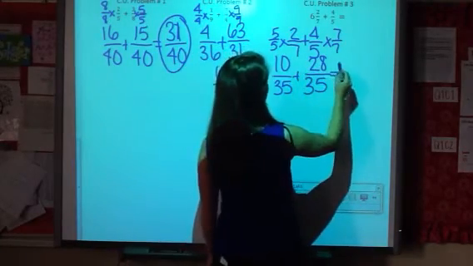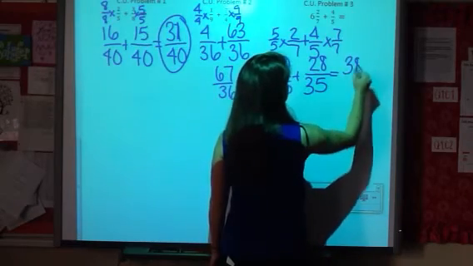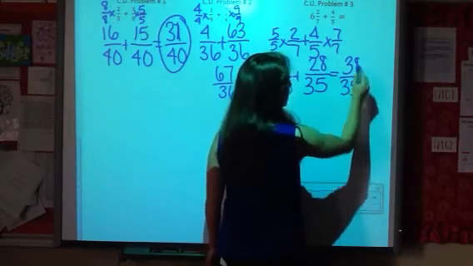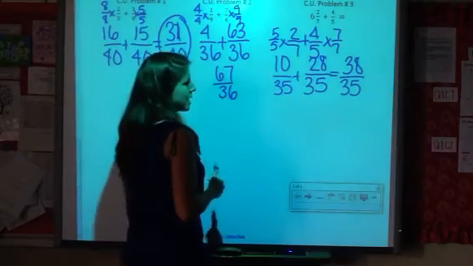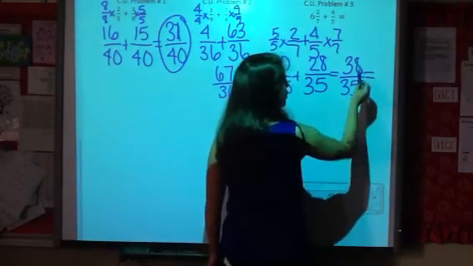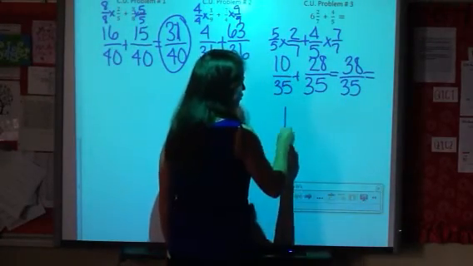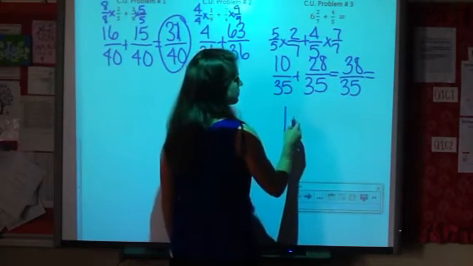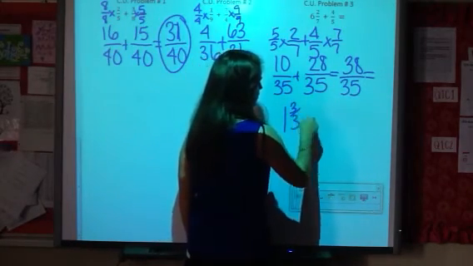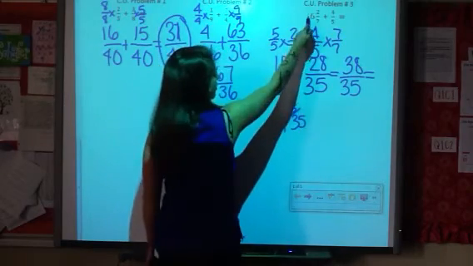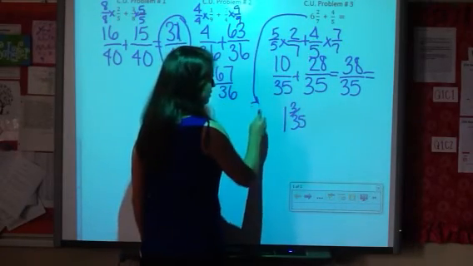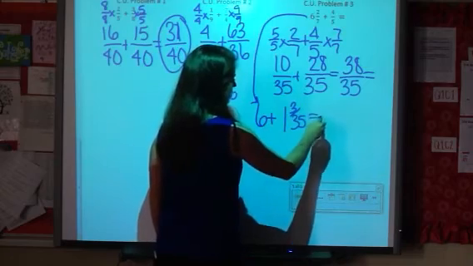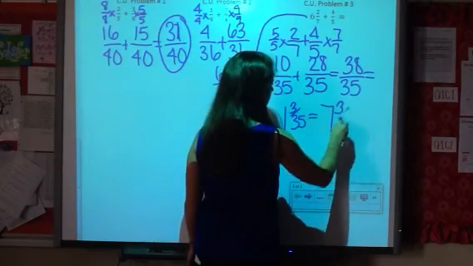When I add those, I get 38/35. Now that's improper. I want to make that a mixed number. Okay? So 38 can be broken into one group of 35ths. So one group, and I have 3/35 left over. Now I want to bring down this 6. And when I add those together, I just get 7 and 3/35.